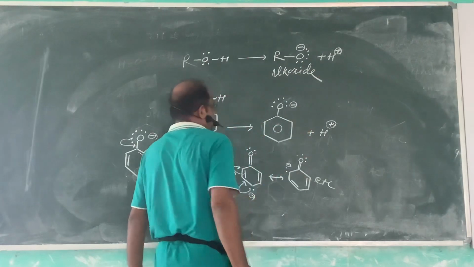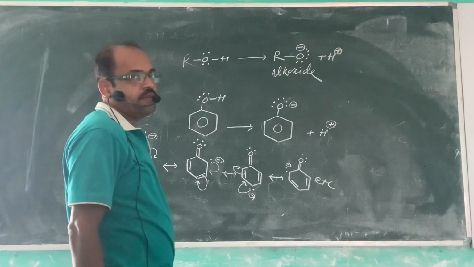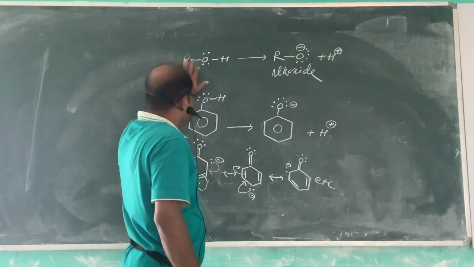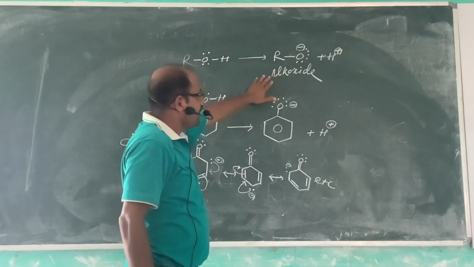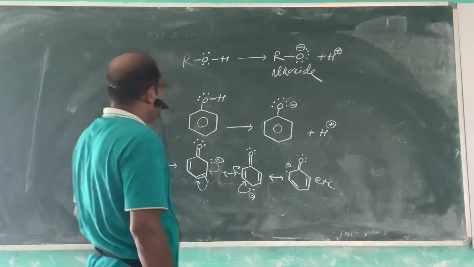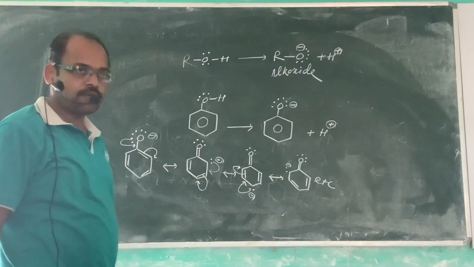That means the process of resonance is not possible in the case of alkoxide ion. If we compare the stability of alcohol with that of alkoxide ion, alcohol is more stable than alkoxide ion. That is why alcohol does not give H plus ion to produce unstable alkoxide ion.